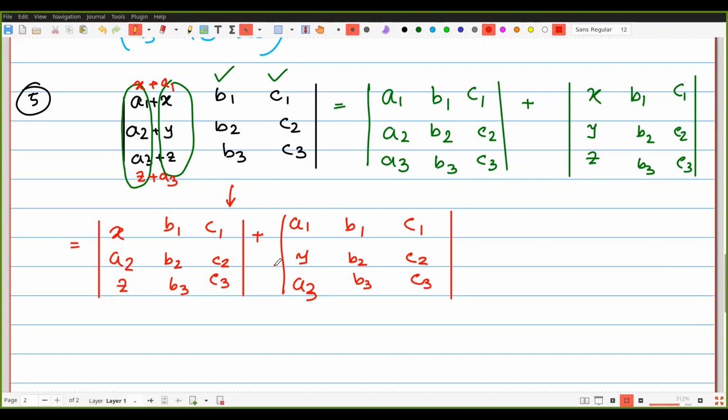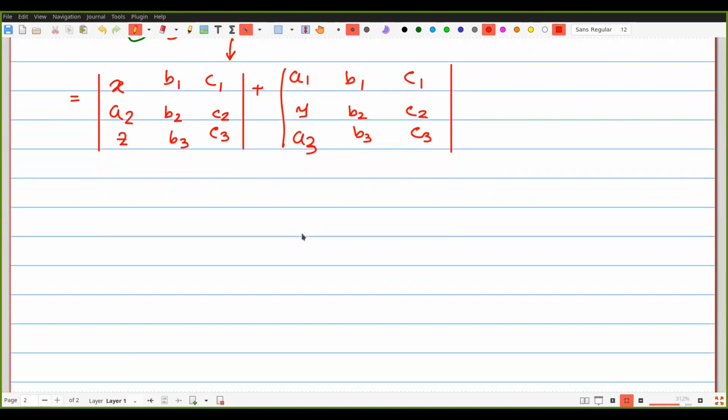Let us check with another one. Suppose a determinant has been given like that: 7, 5, 4, 9, 7, 2, and that one 11, 9, 5.